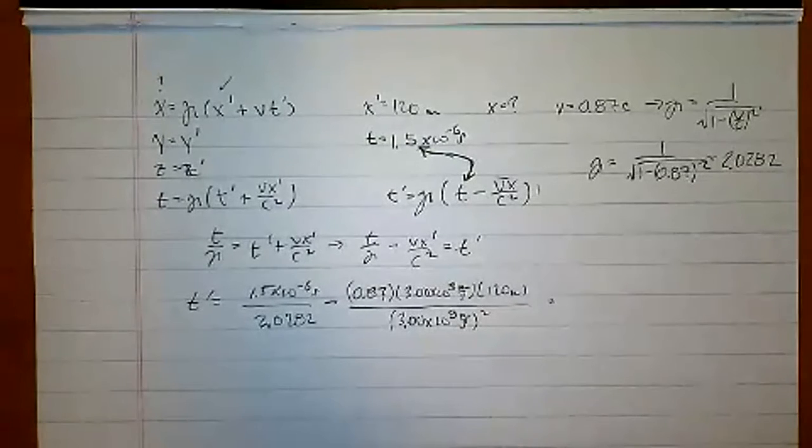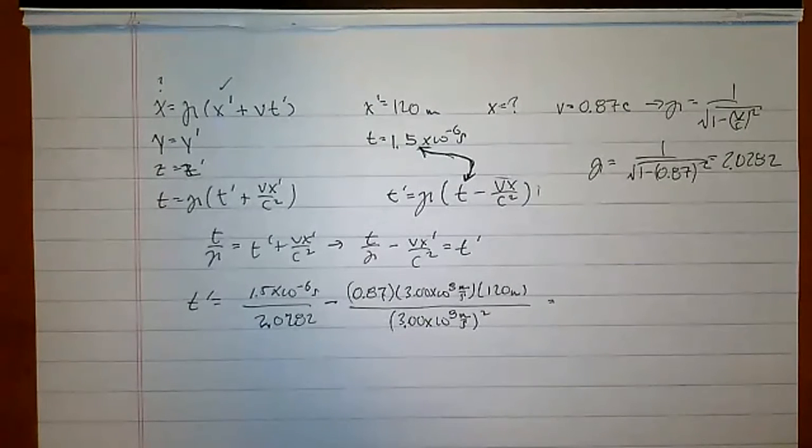So I'll do 1.5e to the negative 6 divided by 2.0282, minus parentheses 0.87 times 3 exponent 8. I'm not even taking the time to cancel out the c's. I'm just going to do it times 120, and then this is all divided by c squared.